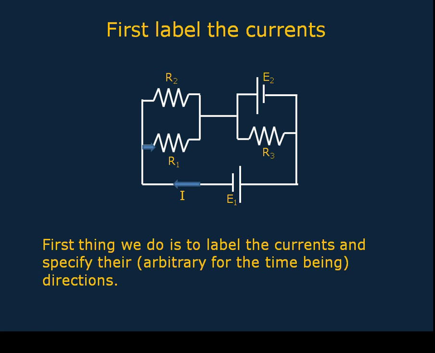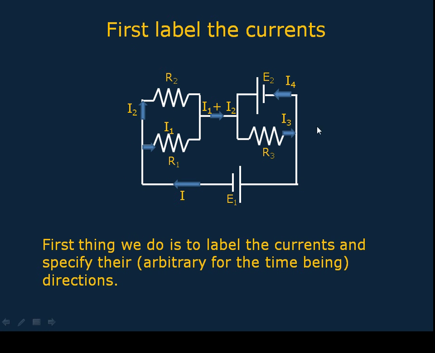So we define I1 going in that direction here, I2 as the rest of the I1 going through the R2, and of course I1 and I2 recombine when they reach the other node over here, and then they split again to form the currents I4 and I3.